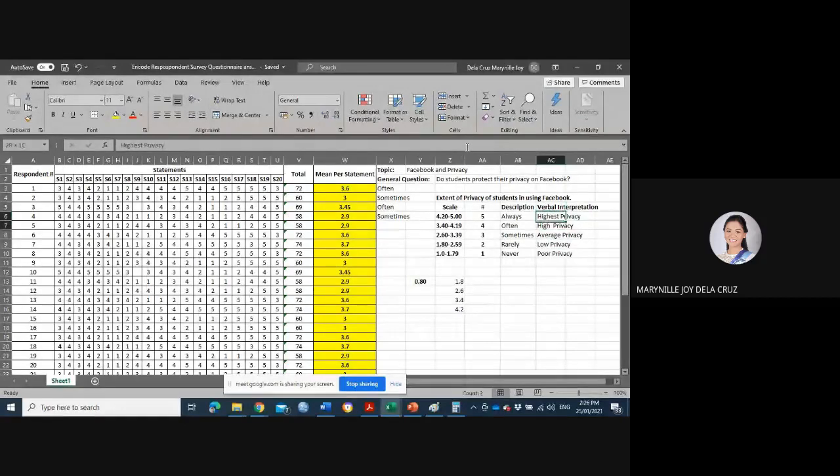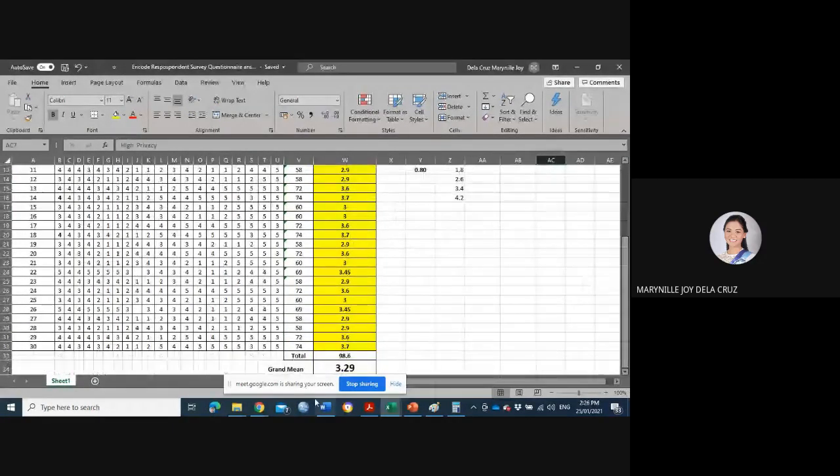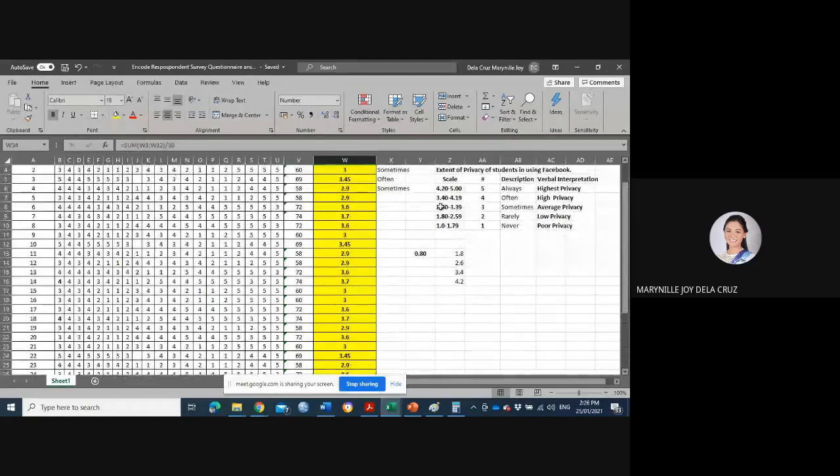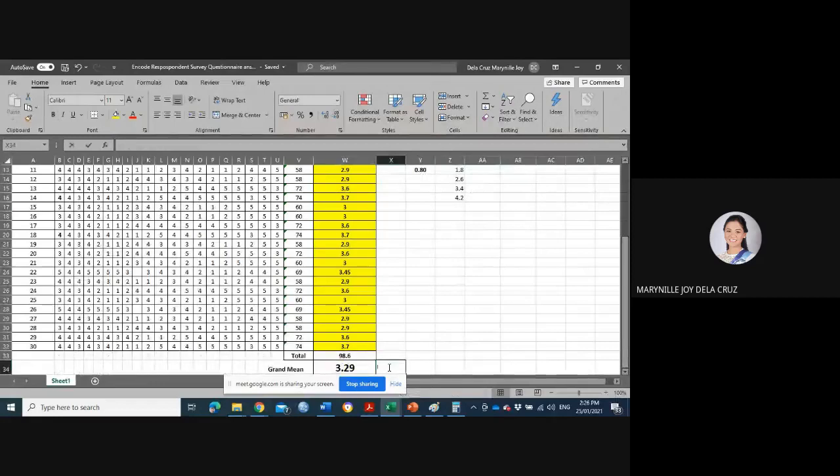So this is how you're going to read your mean score. So in terms of respondent 1, he is high when it comes to privacy. However, from the overall respondents, with 3.29, the security purposes is average.